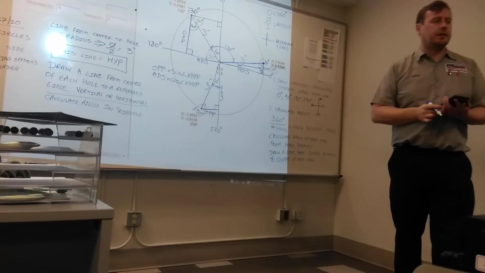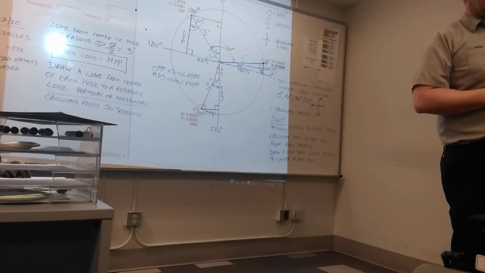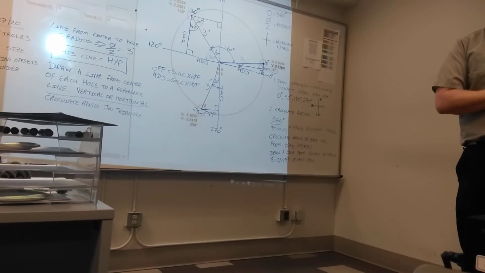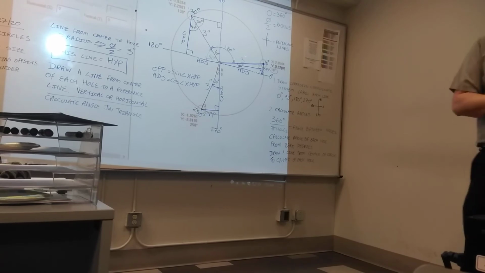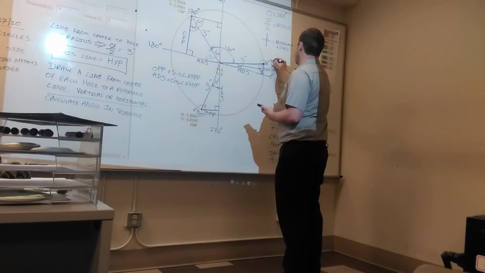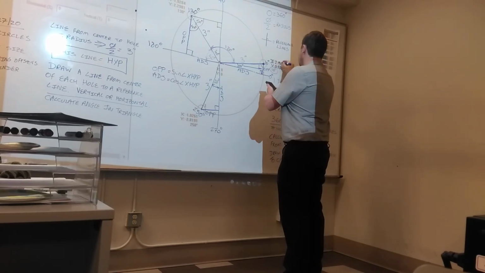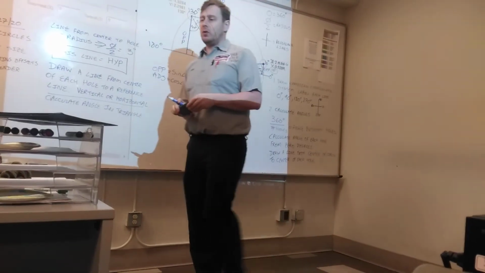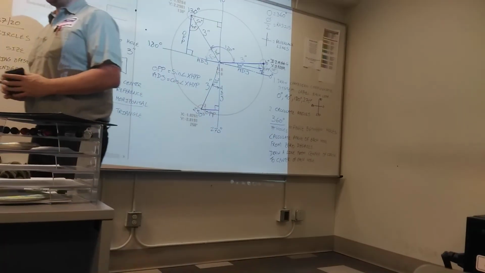To get the adjacent or the x-axis, you're going to do cosine 10 degrees times 3. 2.9544.